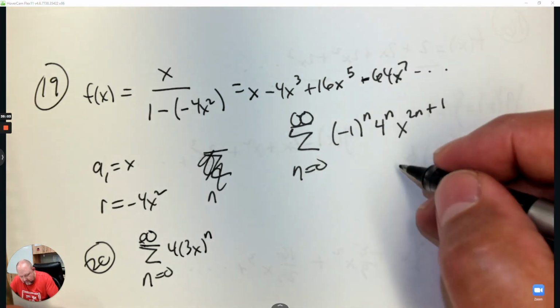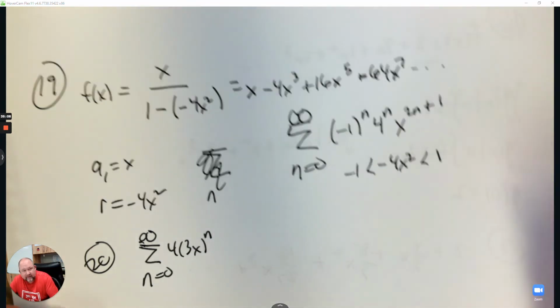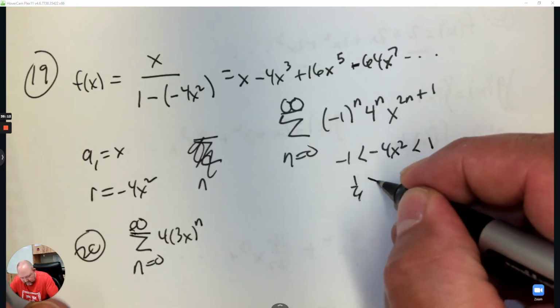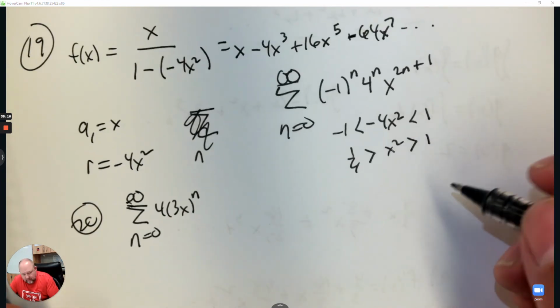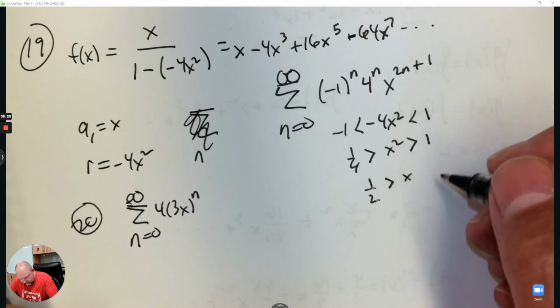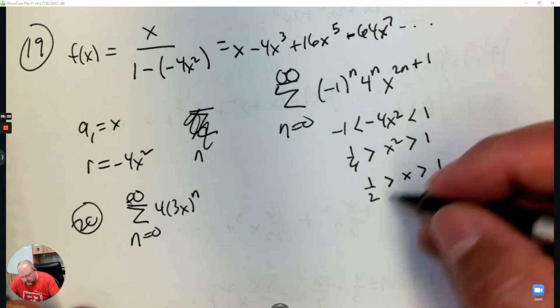Oh, and the interval of convergence would have to go between -1 and 1. So you divide by 4. That would change the arrow direction. And then you would square root. Oh, we could do it that way too.